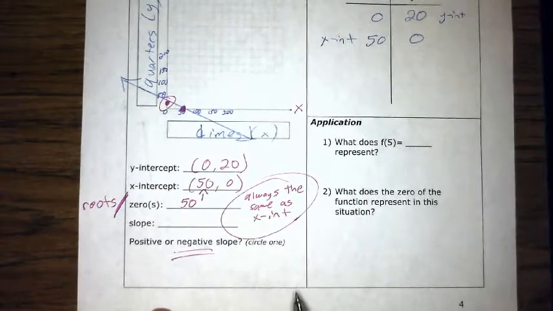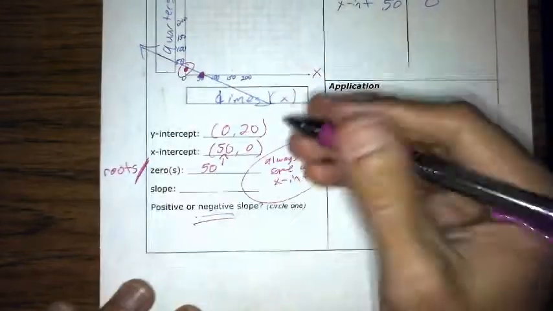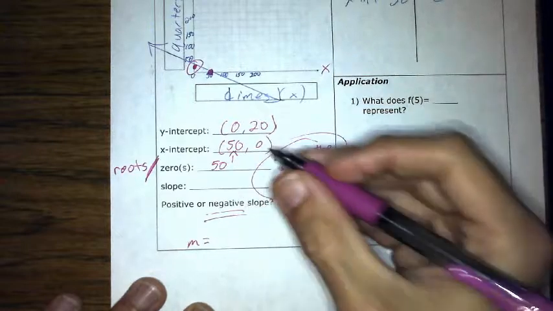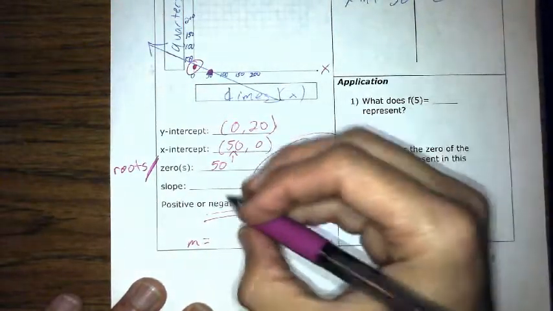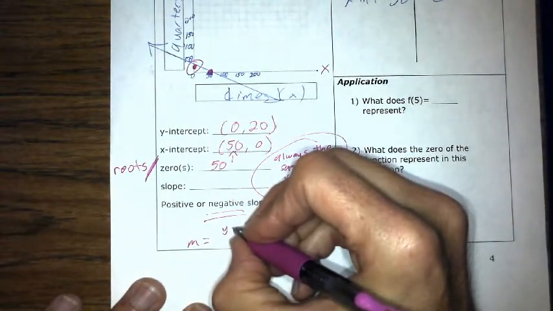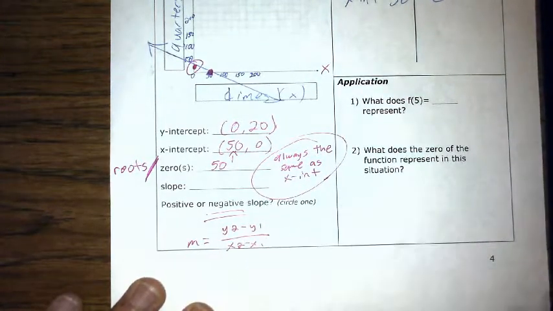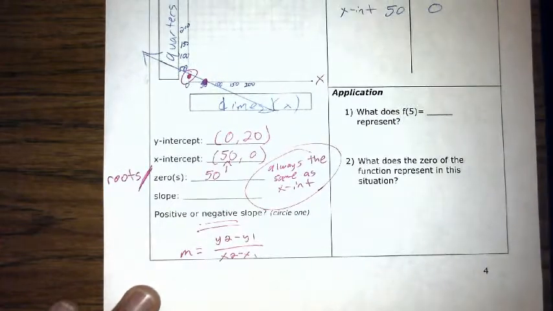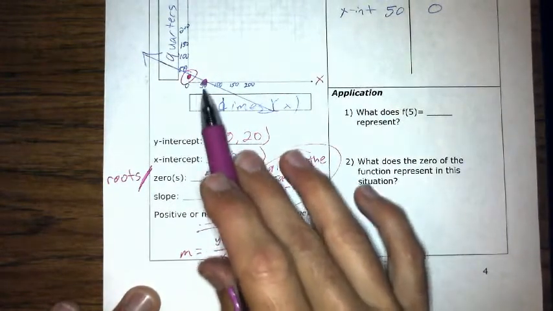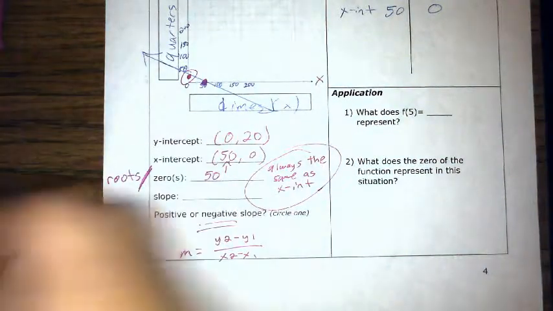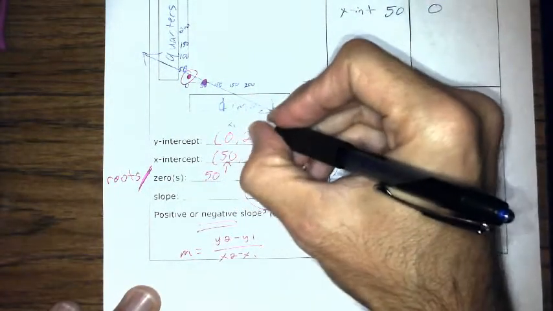So I'll go ahead and kind of refresh your memory on the formula since I can't even read my own graph. You guys probably can't read it. So y2 minus y1 over x2 minus x1. Okay. We'll call the y-intercept, we'll call this x1, this y1, this x2, this y2.